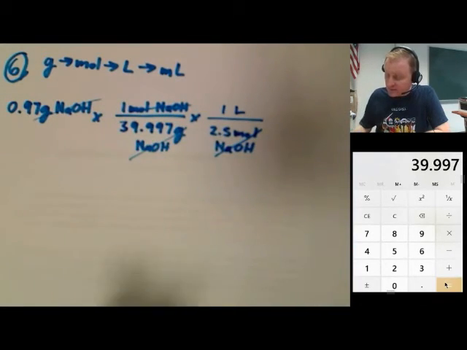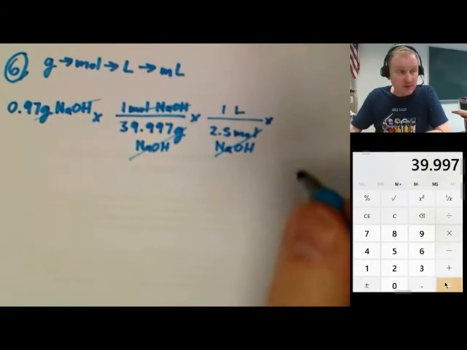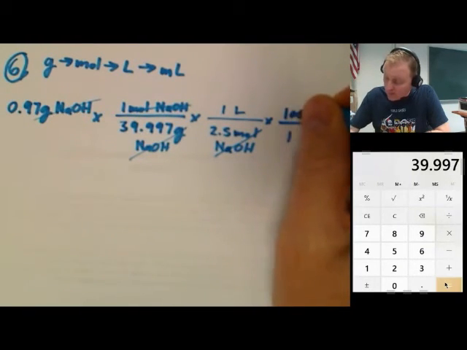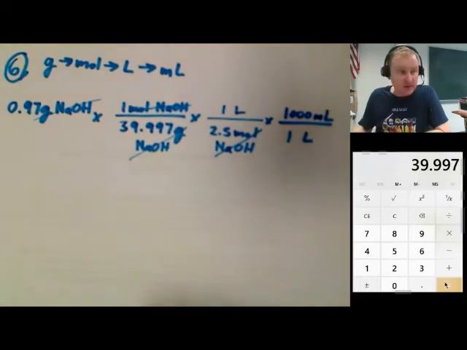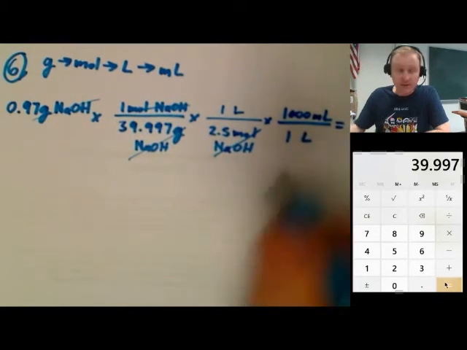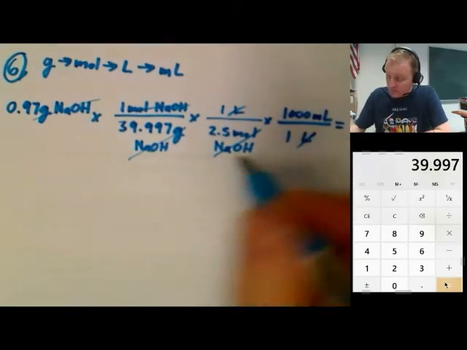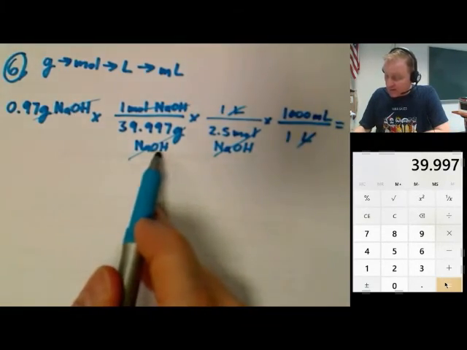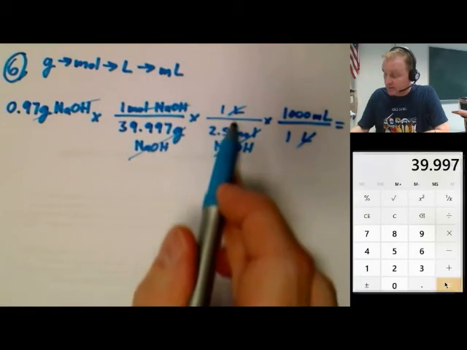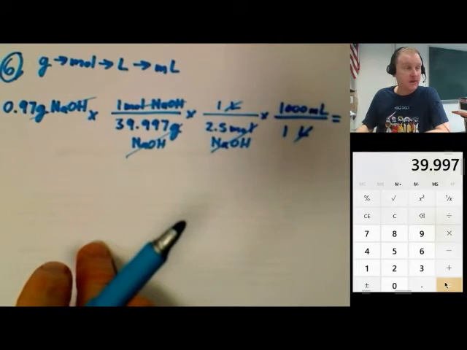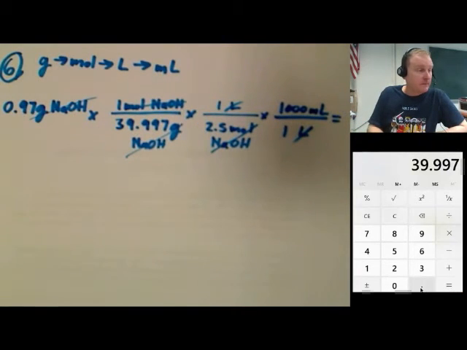And one last step I'm going to put in here is that for every 1 liter, there's 1,000 milliliters. So we'll do all that together. So that's my full setup. Grams of sodium hydroxide turn into moles, turn into liters, turn into milliliters. That's the way I set it up. And let's see what the answer is.